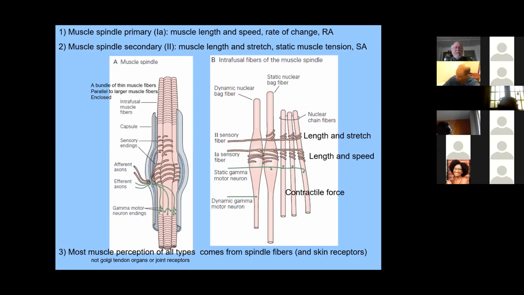And what you can basically see here is that a primary muscle spindle controls the muscle length and speed, whereas the secondary controls stretch and muscle tension. So here you're getting a sense of how fast the muscle is changing, and over here you're getting how much the muscle is changing. So all muscle perceptions basically come from these spindle fibers, okay?